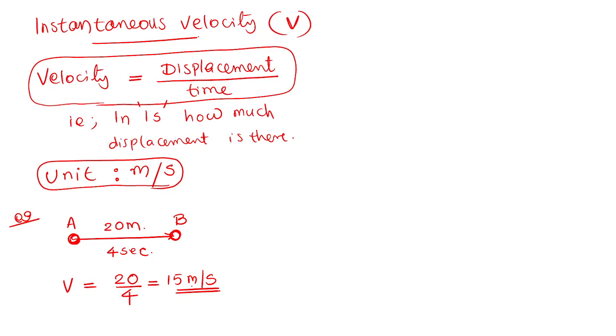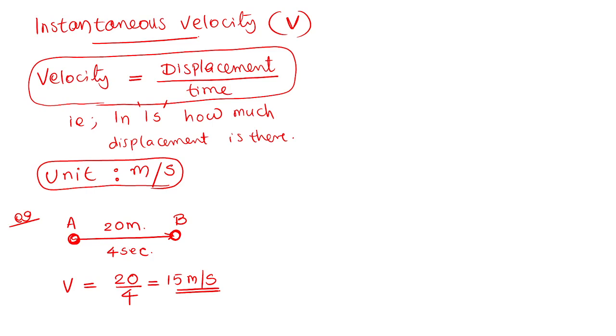The direction is there because displacement has direction, so hence velocity also has direction. For example, 15 meter per second north direction, 50 meter per second south direction, like that. The numerator has the direction, hence naturally the velocity has direction.